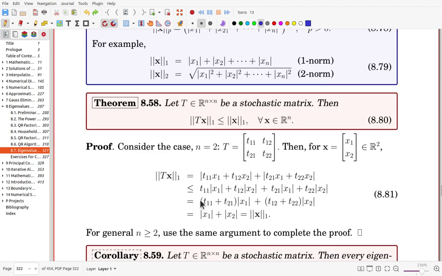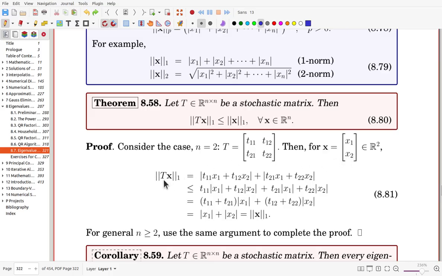So let's try to prove it. We'll begin with the proof when n is 2. Then T can be written in this way: t11, t21, and t12, t22. And for x, we have two components, x1 and x2.